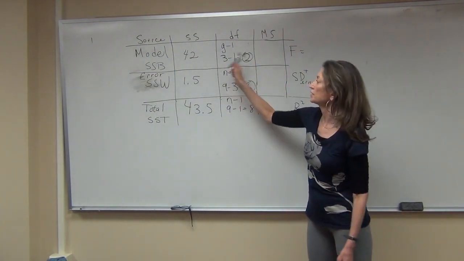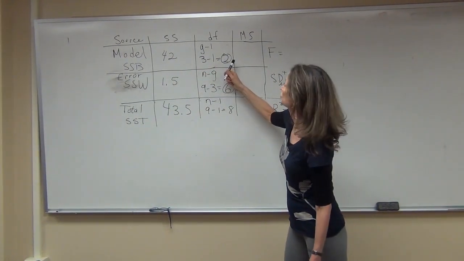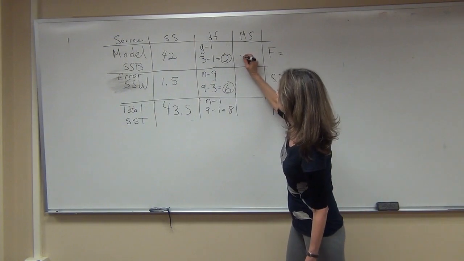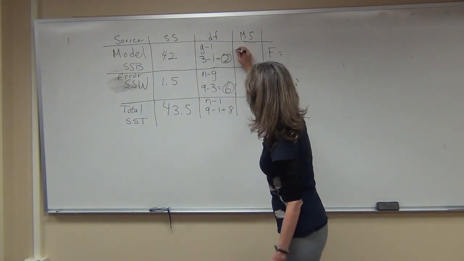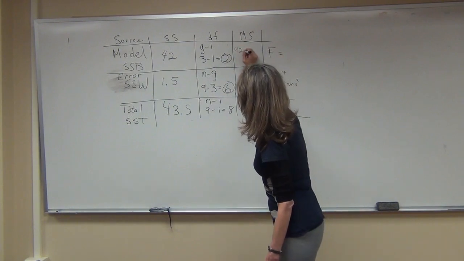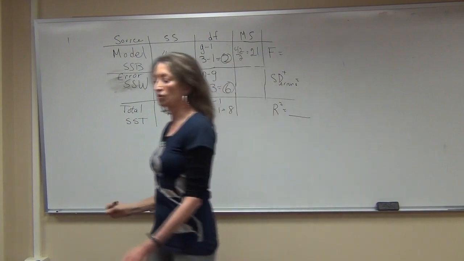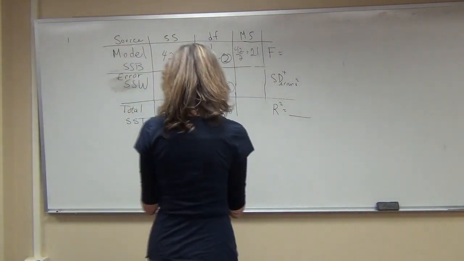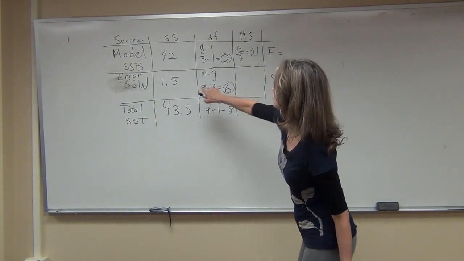So now we're going to look at the mean square. Basically, we're just taking the average. 42 divided by the degrees of freedom, so we say 42 divided by 2 is equal to 21. And then we're going to do the same thing with the errors.